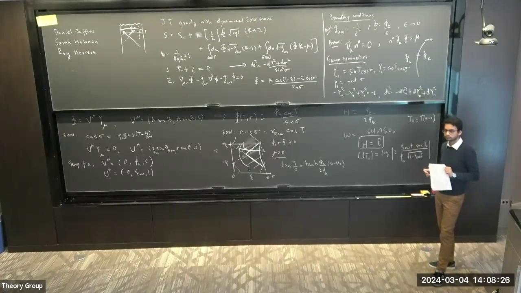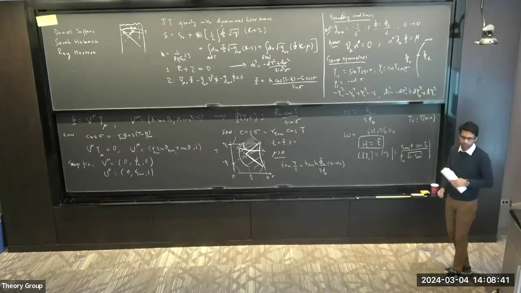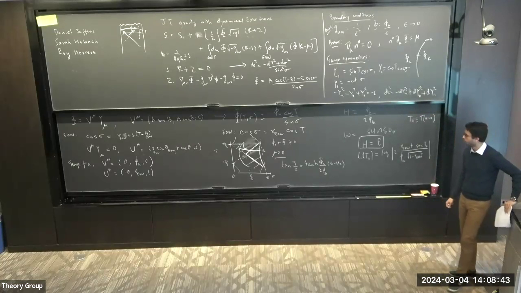Are you saying that the wave function is not square integrable or something? I'm confused. There's a classical saddle point, which has a fixed finite U naught. So are you saying the fluctuations around that cause some kind of divergence?